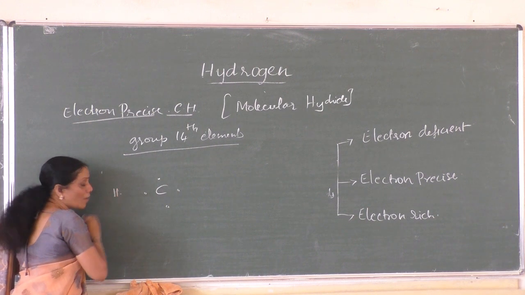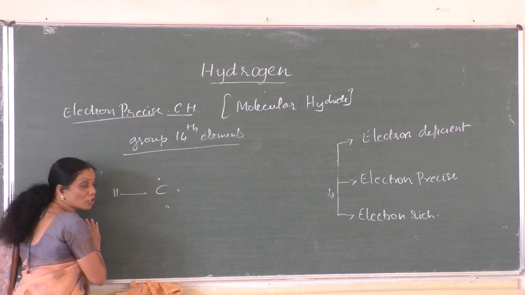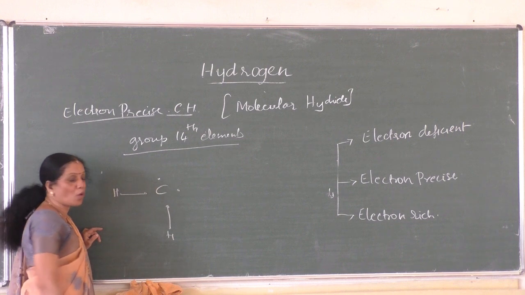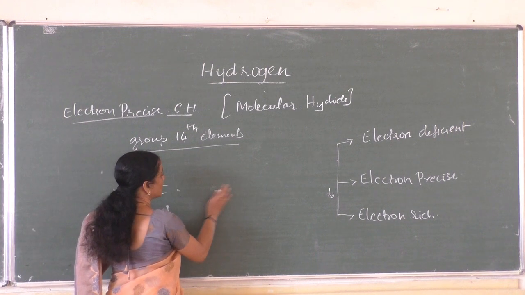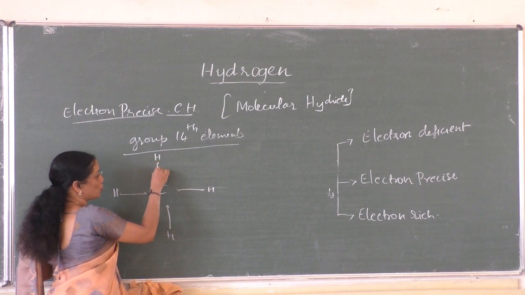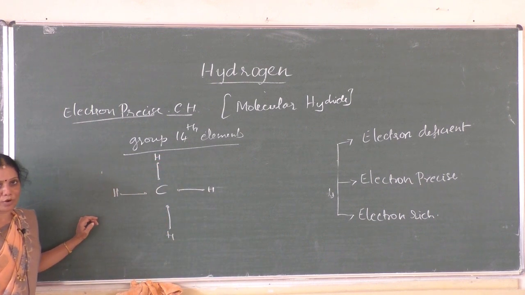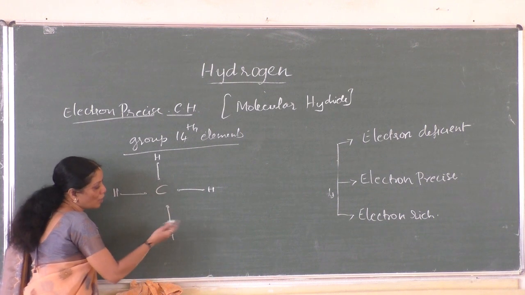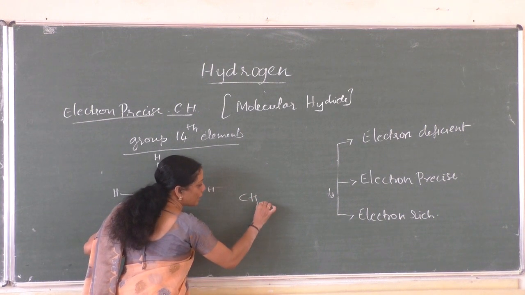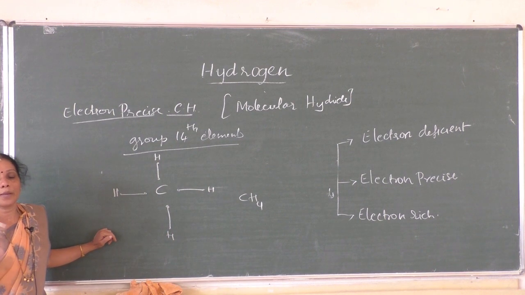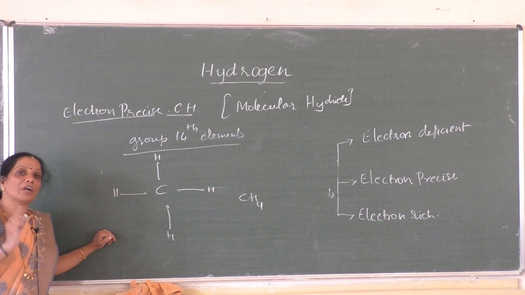I'll write now: one hydrogen, sharing of electron, covalent bond; another hydrogen, sharing of electron, covalent bond; one more hydrogen, sharing of electron and covalent bond; again here a hydrogen, sharing of electron, covalent bond formation. You know the name of this organic compound, nothing but methane. This is called the hydride of carbon. Understood? Methane is called what? A hydride of carbon.